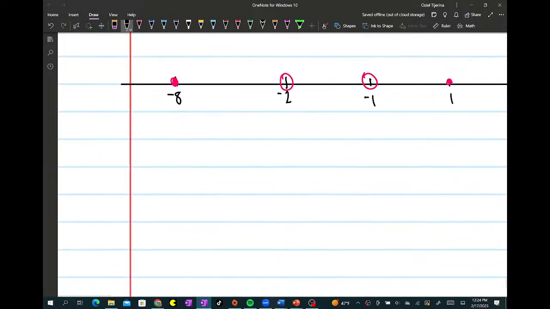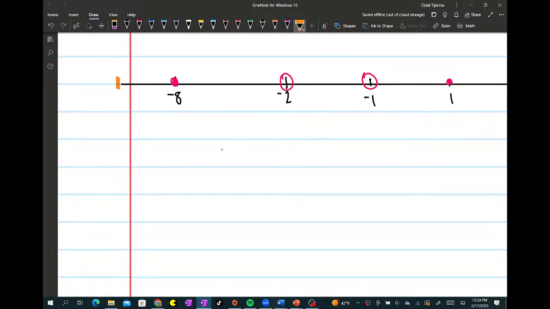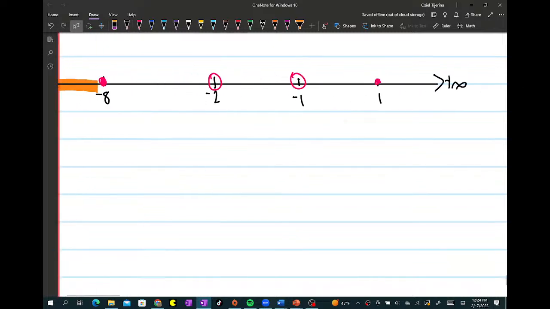So now you want to state the different parts. You want to split it up into parts. So now this becomes one part, right? And like I said, here's negative infinity, and here's positive infinity.